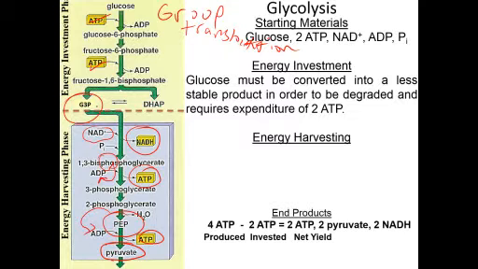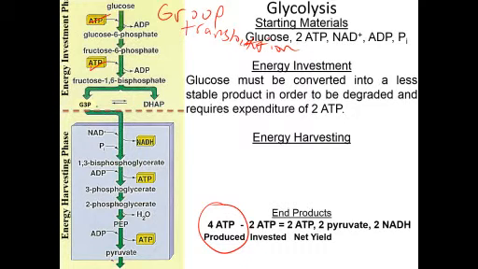Alright, so when you're looking at the overall process, you end up with a total of 4 ATP. Basically, you take glucose and split it into 2 molecules of G3P, so a total of 6 carbons still.